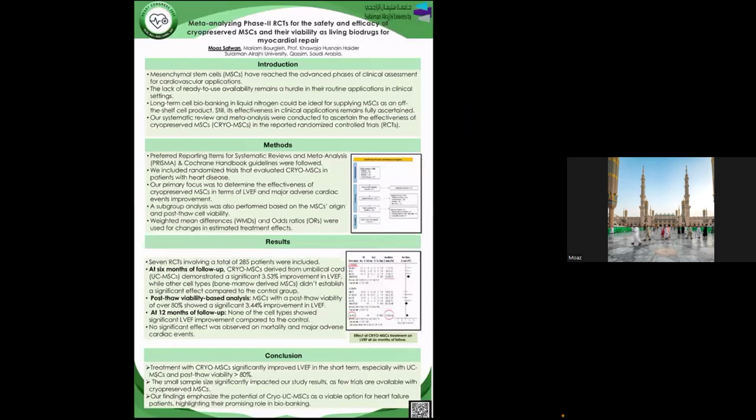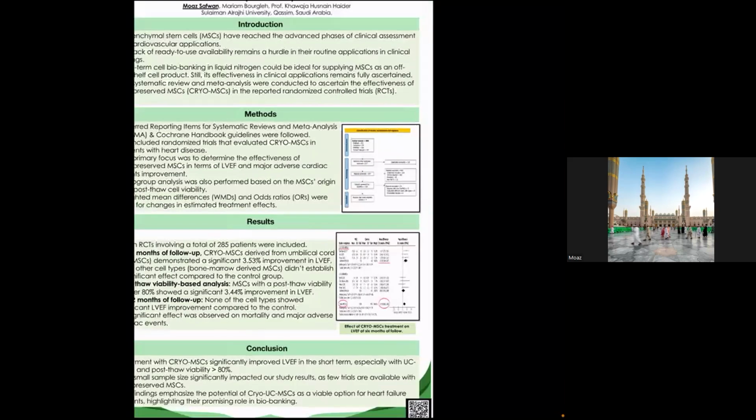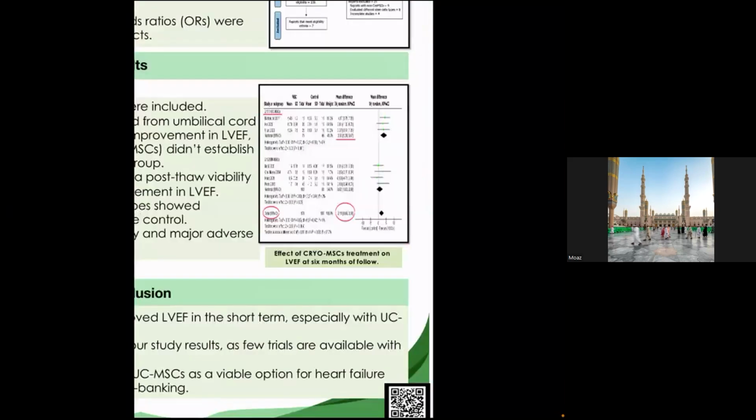For the limitations of our study, the small sample size significantly impacted our results, as few trials are available with cryopreserved mesenchymal stem cells. Our findings emphasize the potential of cryopreserved mesenchymal stem cells as a viable option for heart failure patients, highlighting their promise in biobanking.